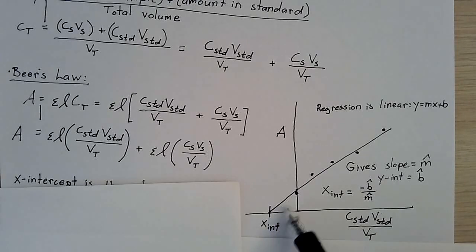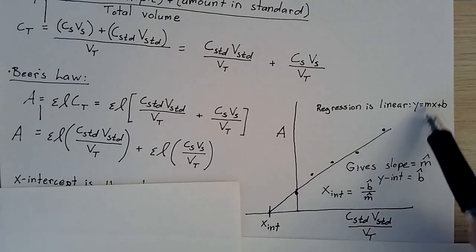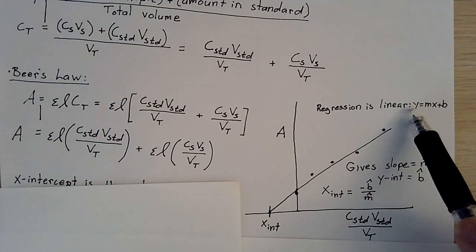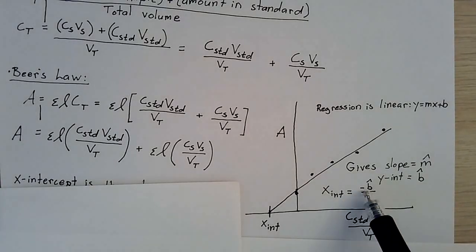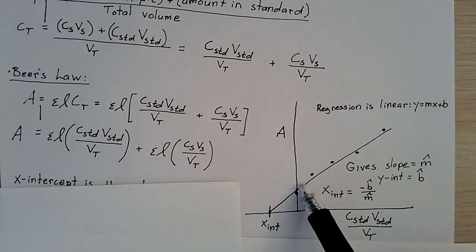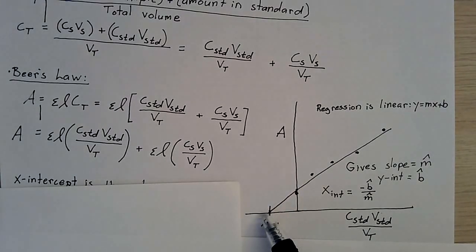If we solve our regression equation, the y equals mx plus b, for the x-intercept, we just set y equal to 0, solve for x. We obtain x-intercept equals minus, so negative value, the y-intercept divided by the slope of the line. And that'll be the value of the x-intercept that we would obtain from extrapolating this line down to here.